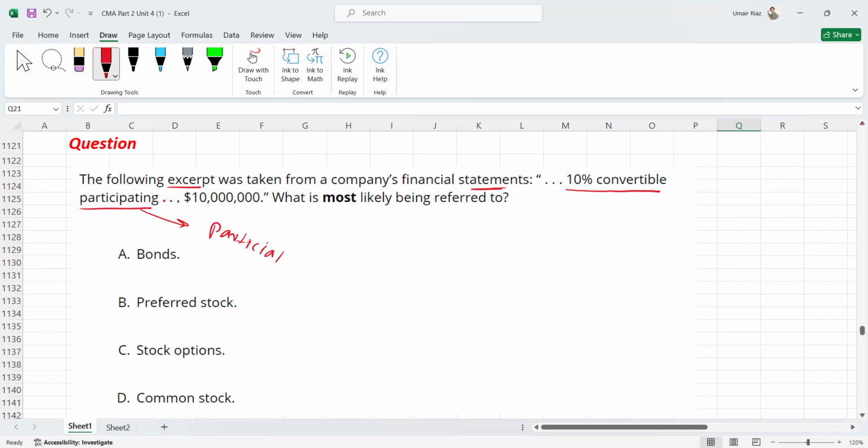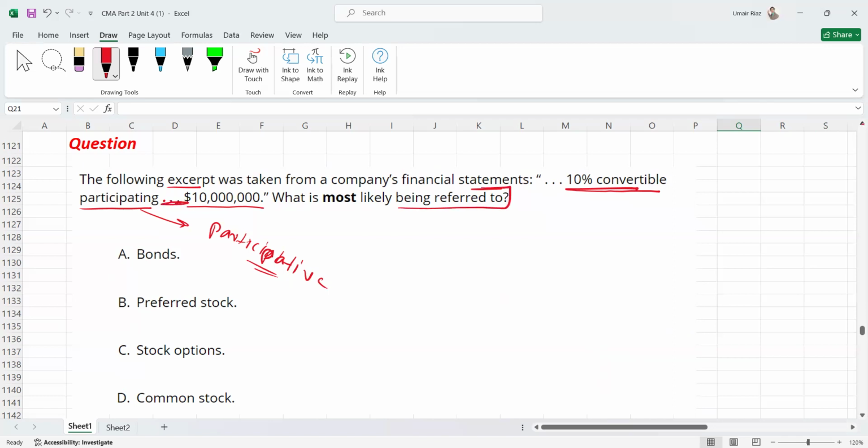Participative means they will receive the dividend plus they will participate in the company's earnings, especially if the company is earning high profit. The excerpt reads 10% convertible participating dash dash dash $10 million. What is most likely being referred to here?